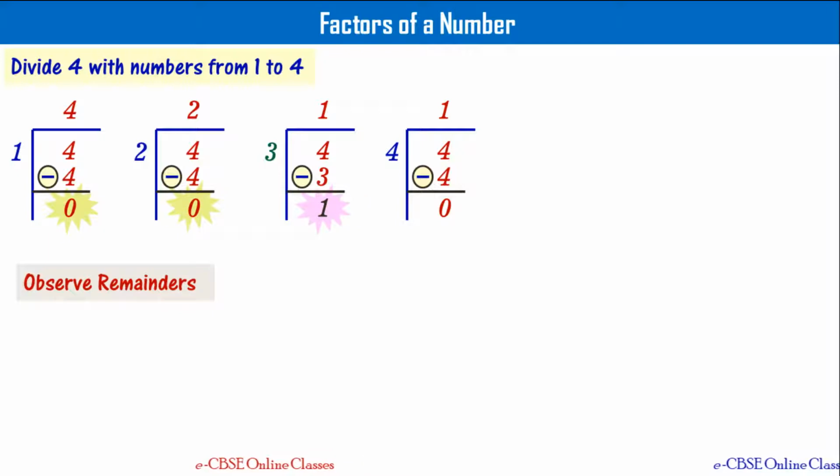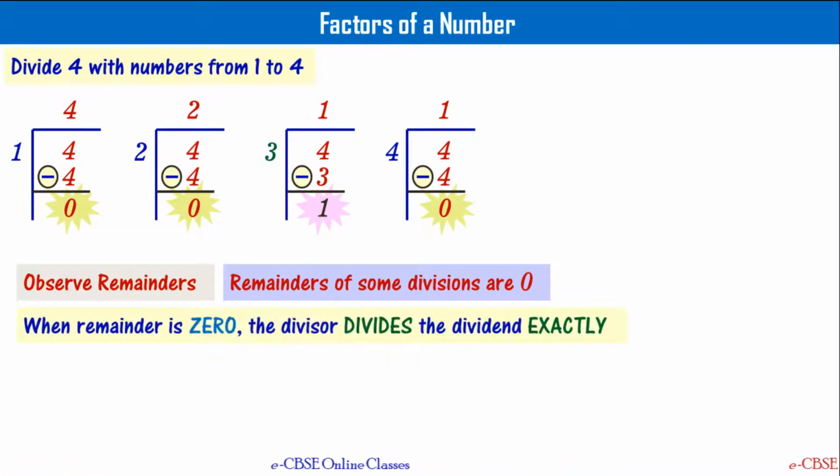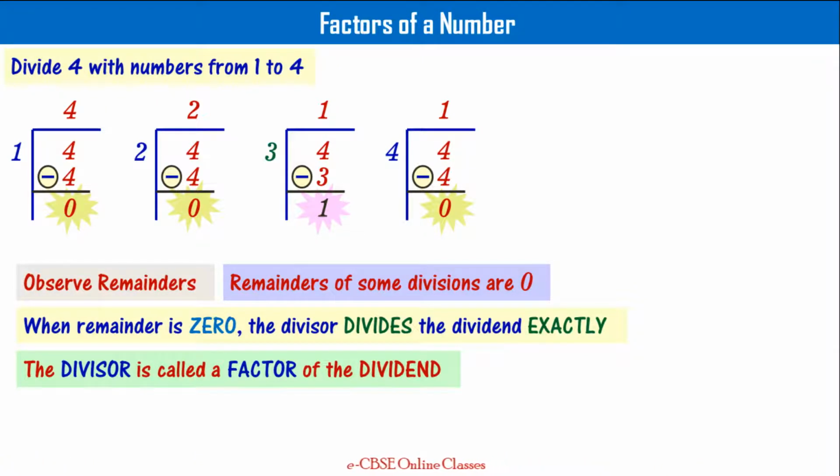Let's observe the remainders now. As you see here, remainders of some of the divisions are 0 and some are not, right? When remainder is 0 for a division, we say that the divisor divides the dividend exactly and the divisor is called a factor of the dividend.